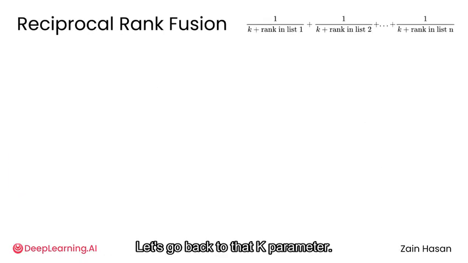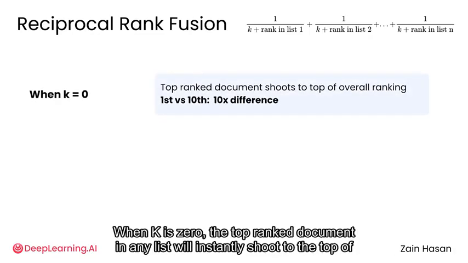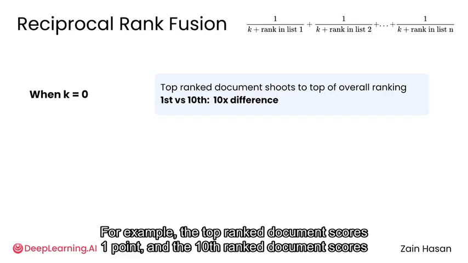Let's go back to that K parameter. K is used to control the impact of the highest ranked documents. When K is 0, the top ranked document in any list will instantly shoot to the top of the overall ranking, even if it's only highly ranked once. For example, the top ranked document scores 1 point, and the 10th ranked document scores 1/10.